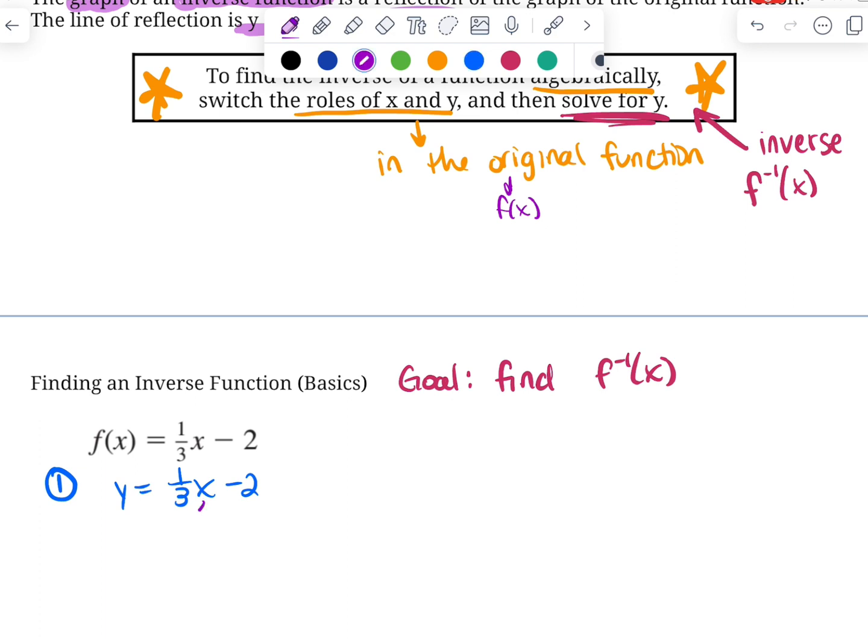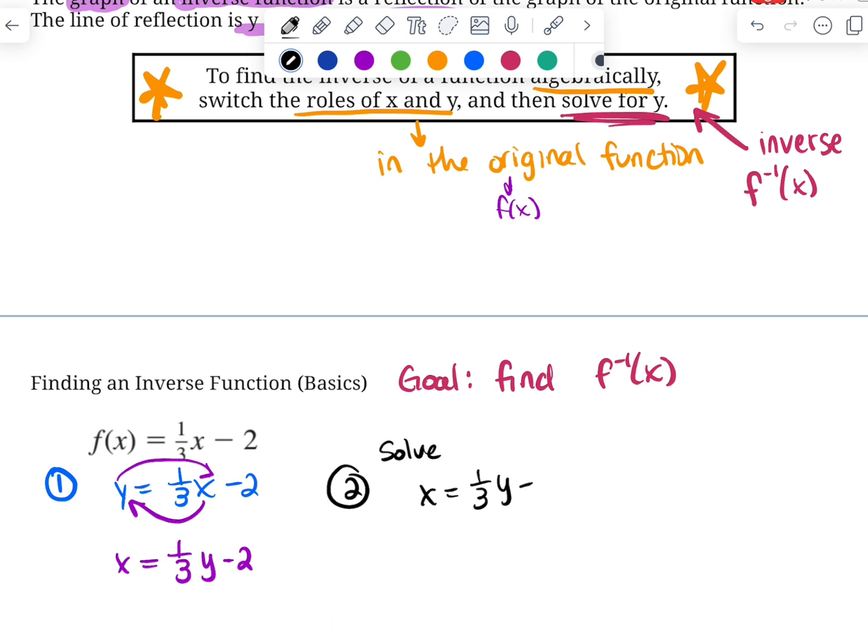So we're going to switch the x with the y, and I'm going to have x equals a third of y minus 2. That's our first step. Then step 2 is we're going to solve. We're going to take x equals a third of y minus 2 and solve it for y. I want to get y by itself.